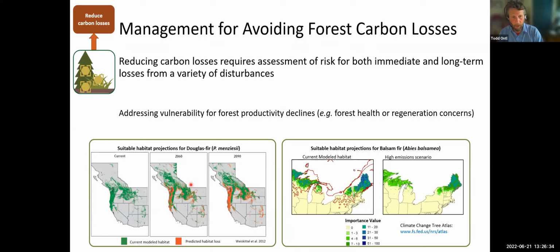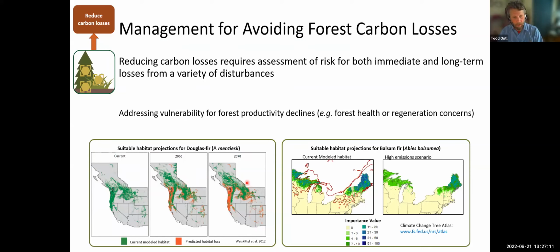And so here I'm showing just some modeled results for 2 different regions in the US, showing habitat suitability projections for 2 different tree species. On the left, we're looking at Douglas fir in the western US, and the green shows the current modeled habitat for this species, and the 2 panels to the right show over time that Douglas fir is predicted to lose habitat.